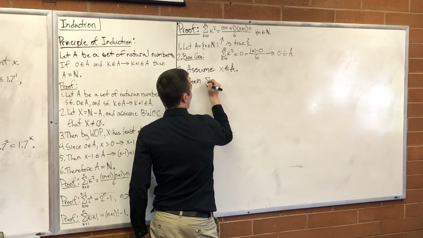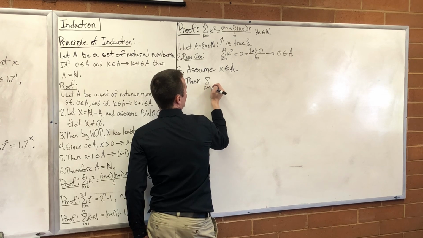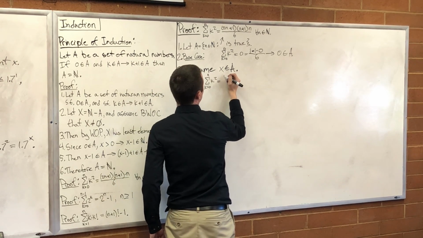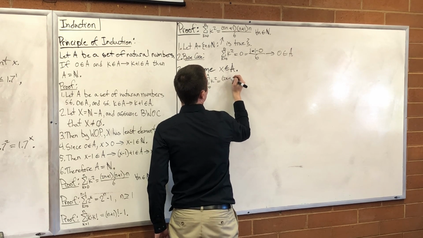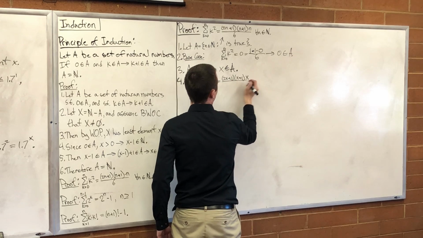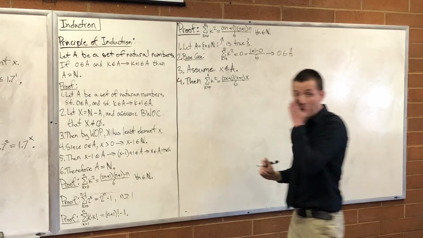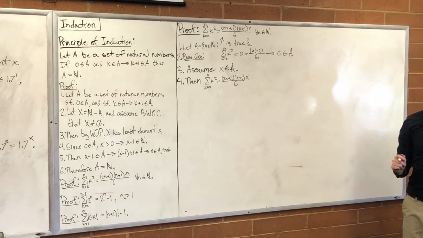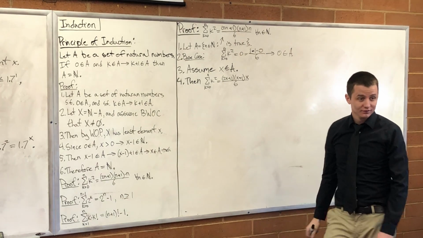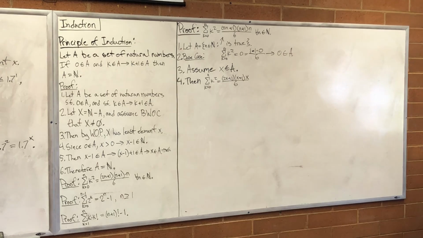That means the sum from k equals 0 to x of k squared is equal to 2x plus 1 times x plus 1 times x all over 6. Why 6?